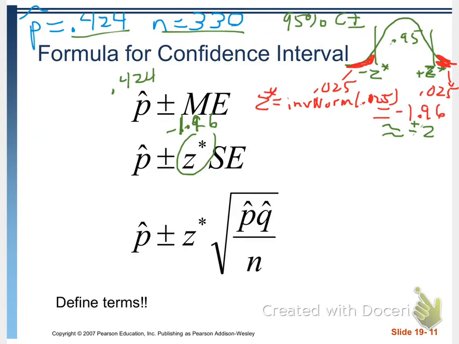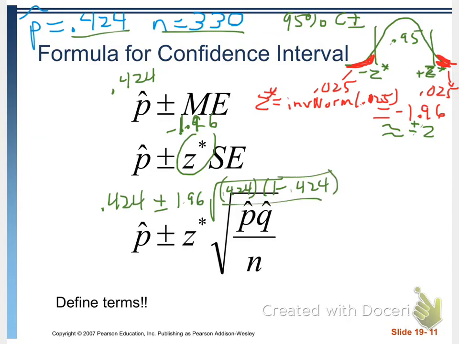I'm going to get 0.424 plus or minus 1.96 times the square root of 0.424 times 1 minus 0.424, all over 330. So we'll get that here in a second.